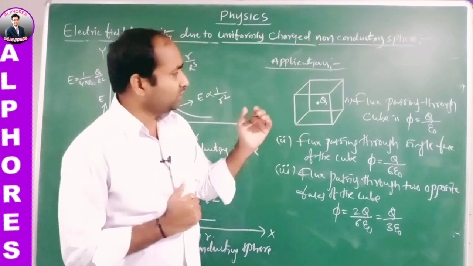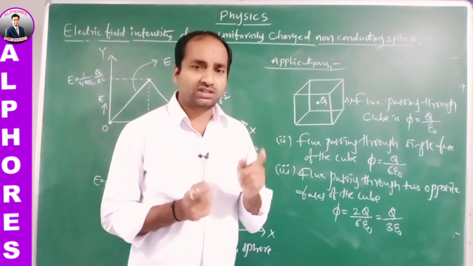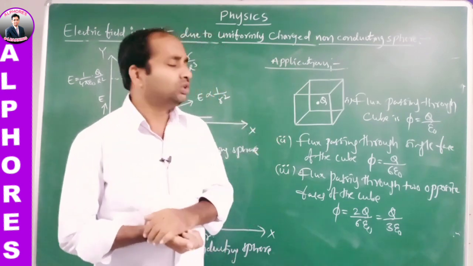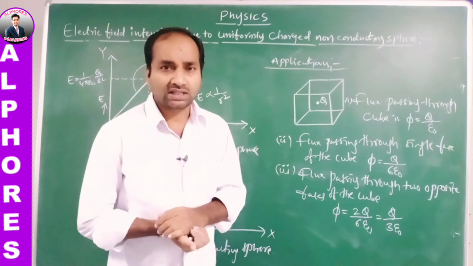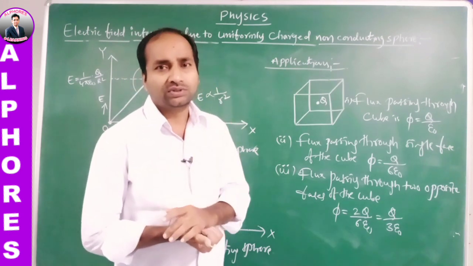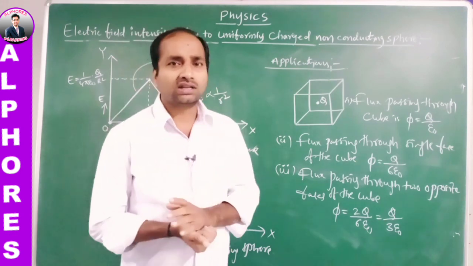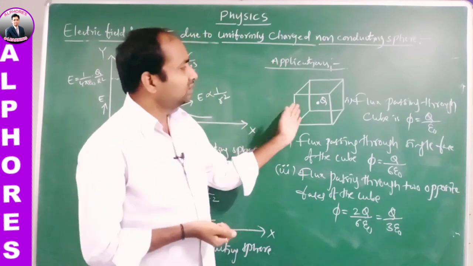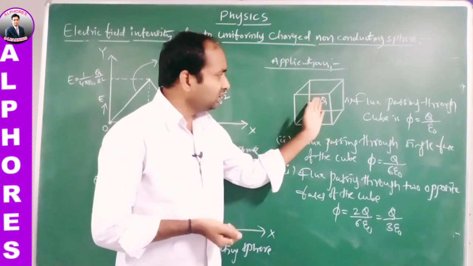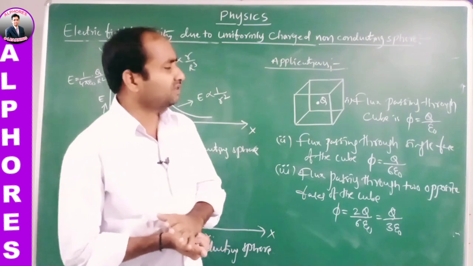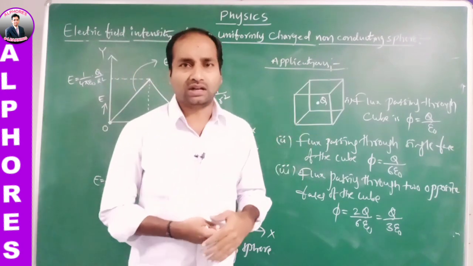We may write the charge enclosed by the system of two cubes gives q by epsilon naught. But actually there is only one cube. So the flux through the cube when the charge is kept at the center of a face is q by 2 epsilon naught.